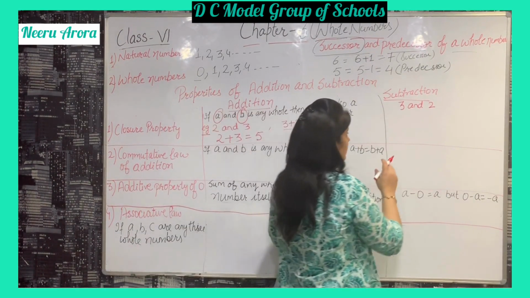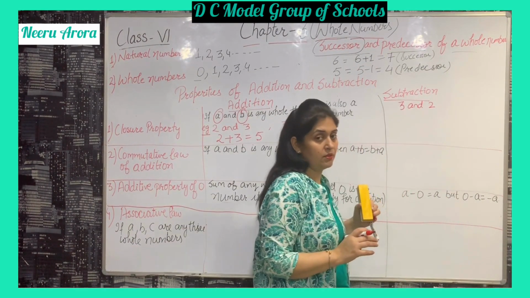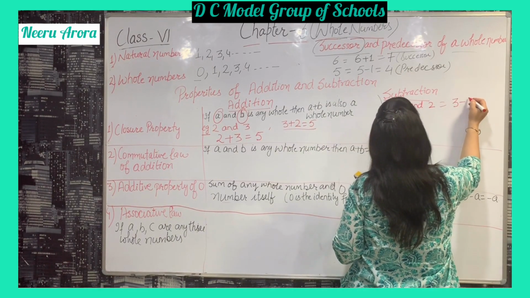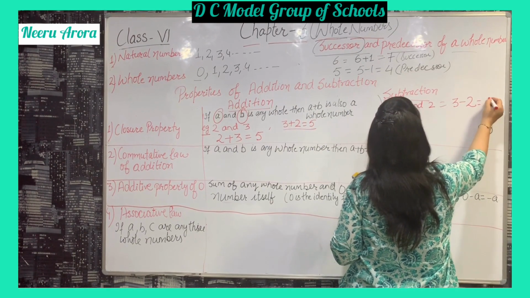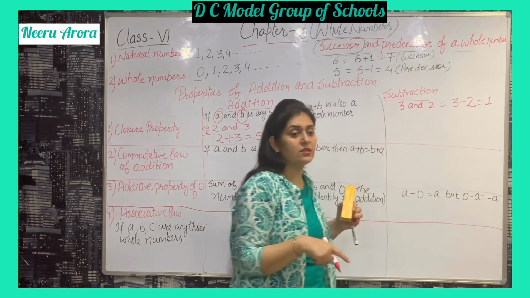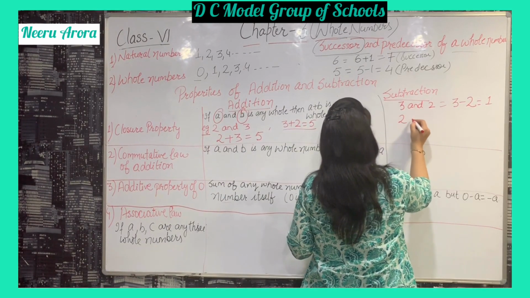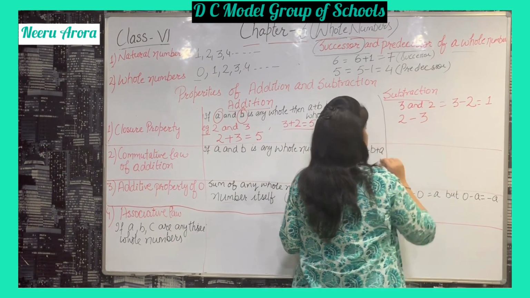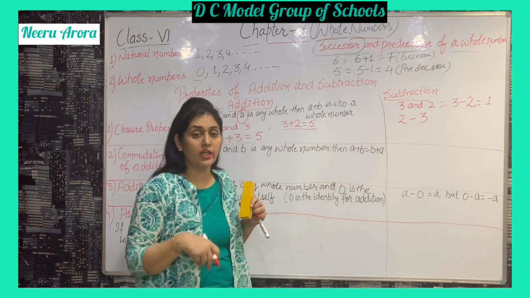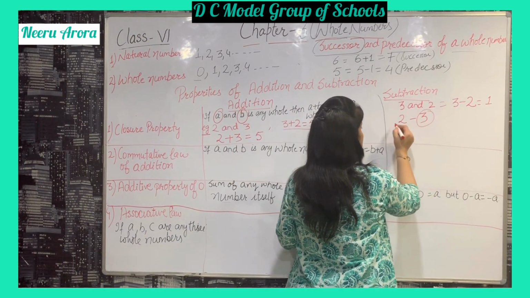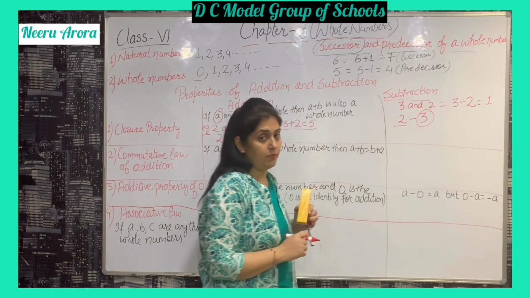Now look at this. Again we have taken two whole numbers, 3 and 2. If we find the difference of 3 and 2, we get 1. Yes, 1 is a whole number. But if we find the difference of 2 and 3, taking the smaller number first, we cannot subtract a bigger number from a smaller number.